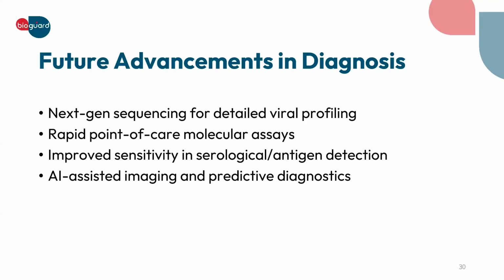Other than that, for the available serological or antigen detection tests, the sensitivity and specificity keep improving day by day, so that the results we are getting from these diagnostics can be trusted and have reliability for FIP detection, as well as, of course, this one we cannot ignore, the AI assistant, especially in the imaging section of diagnostics.